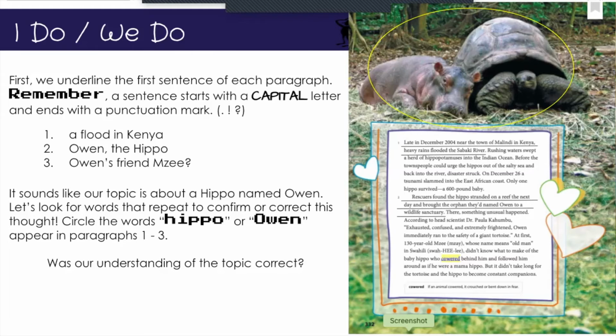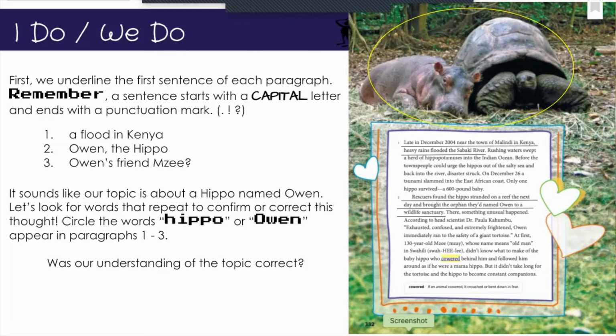All right, our first strategy, remember, we underline our first sentence of each paragraph. Remember, a sentence starts with a capital letter and ends with a punctuation mark, either a period, exclamation point, or question mark. I've gone ahead and underlined our first sentence in paragraphs 1 and 2.